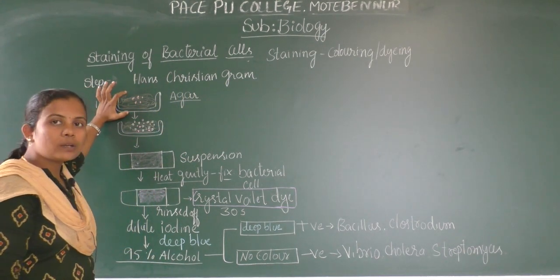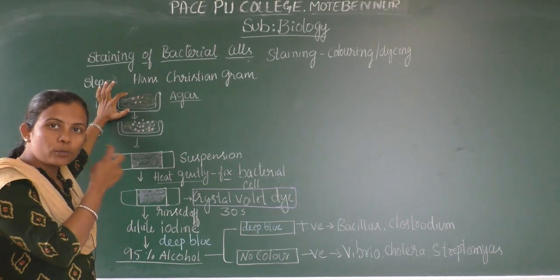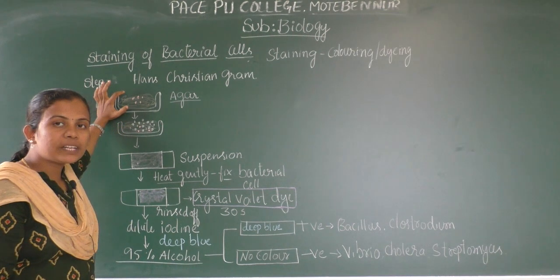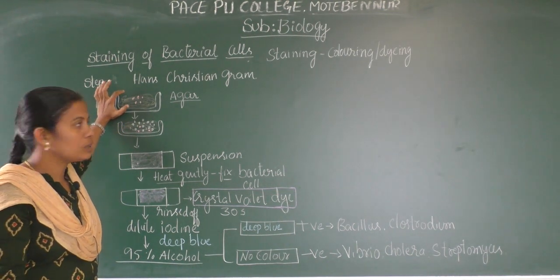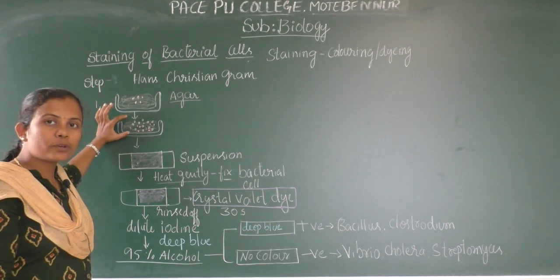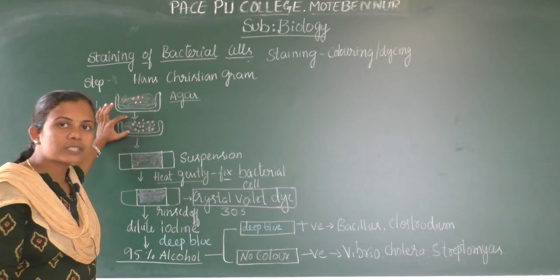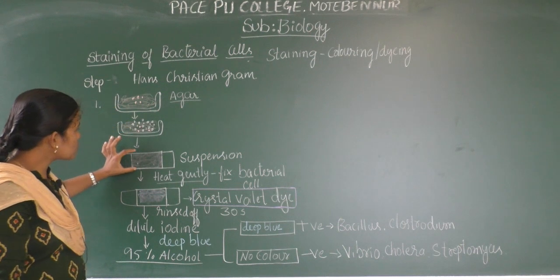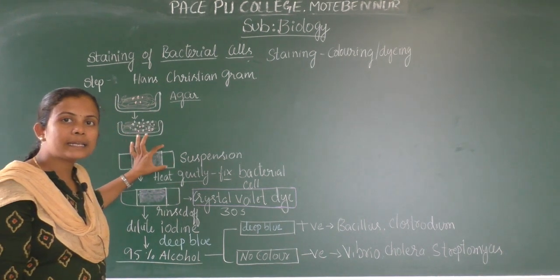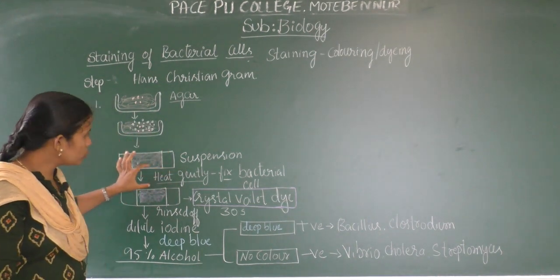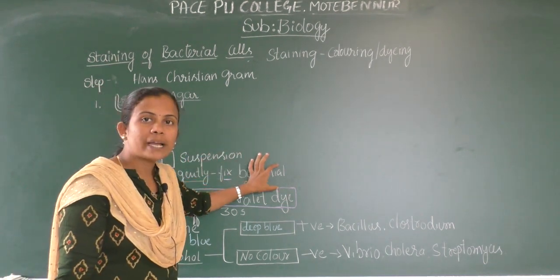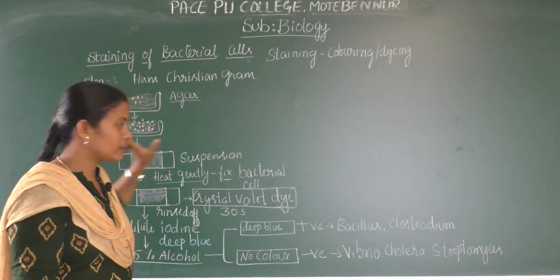First, they introduced the bacterial cells to the nutritive media, which helps in growing the bacterial cells, either by binary fission or by spore formation. Later, after a few days, we get a number of cells in the nutritive media. We take a suspension of the bacterial cells on a clean glass slide and gently heat it, and that process helps in fixing the bacterial cells to the glass slide.